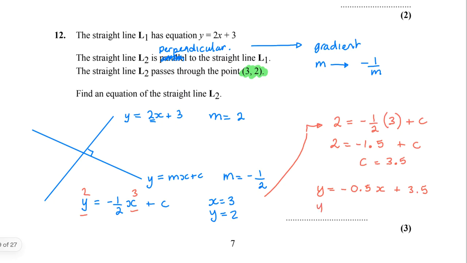So, for instance, I would write minus 1 over 2x plus, and 3.5 is 7 divided by 2. I'll be honest, in your exam, if you mixed them up, they're not going to mark it wrong. It's kind of like bad spelling in your English essays. You're not going to be penalised at this stage.